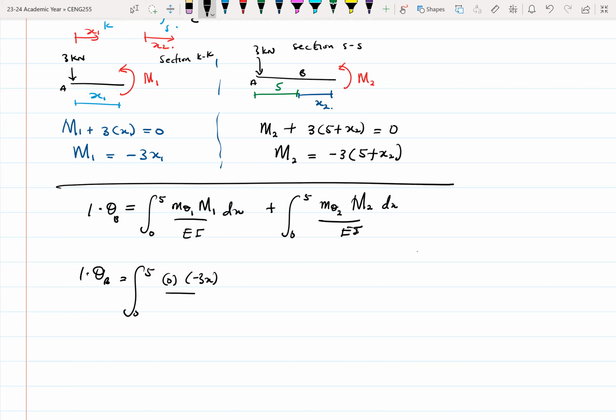If that is the case, you have to go back and write additional equations for the real beam so that you can have those separate spans to deal with. That's the general idea. So this is over EI dx.